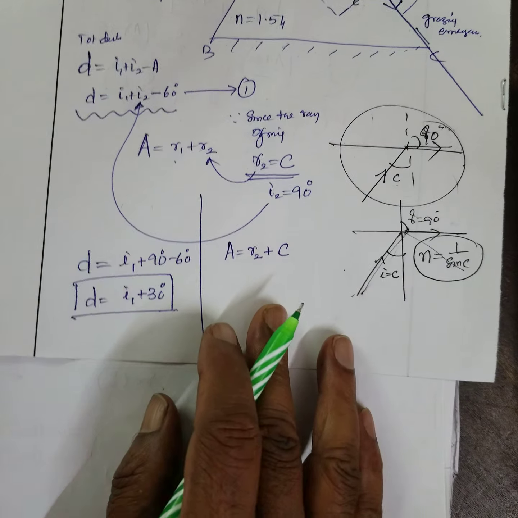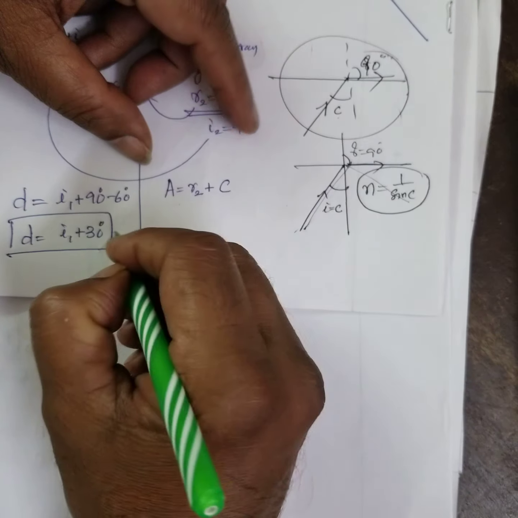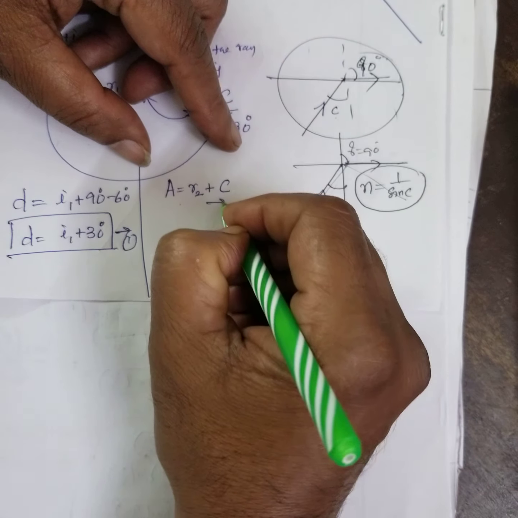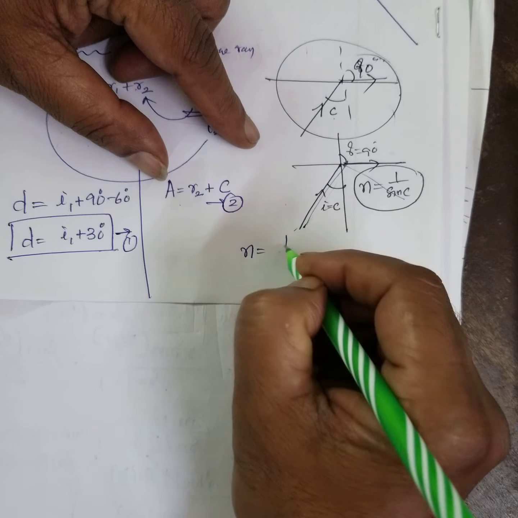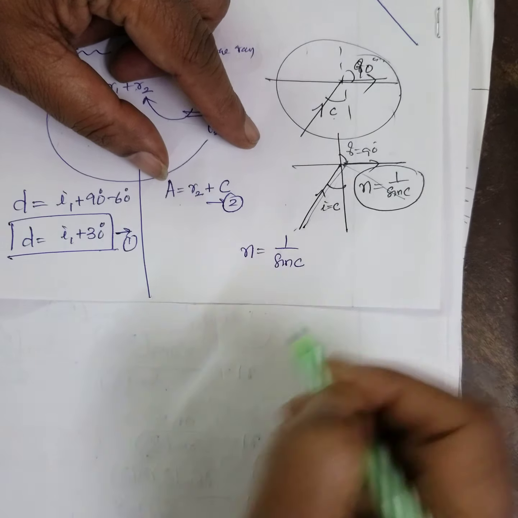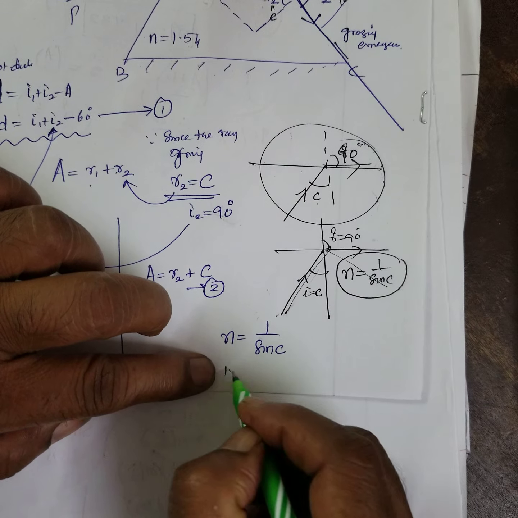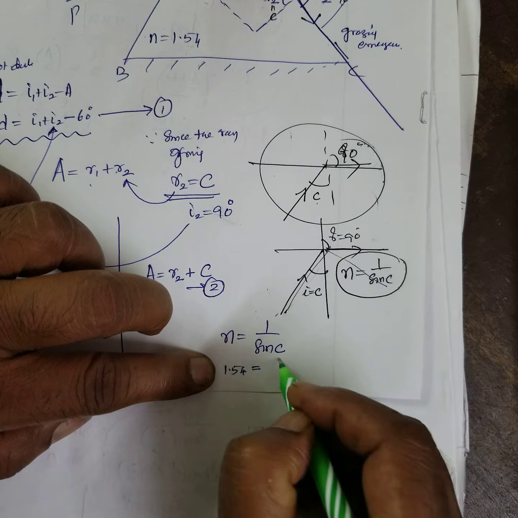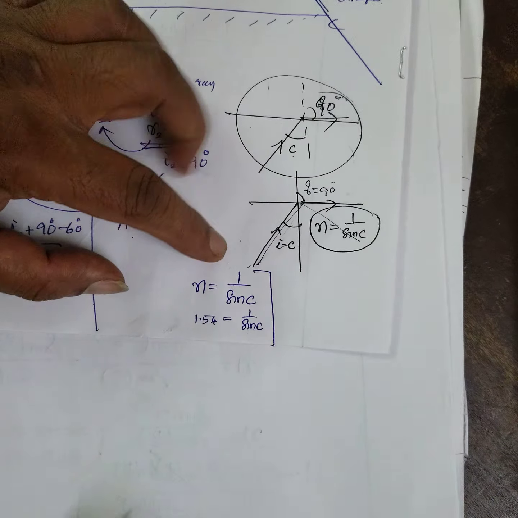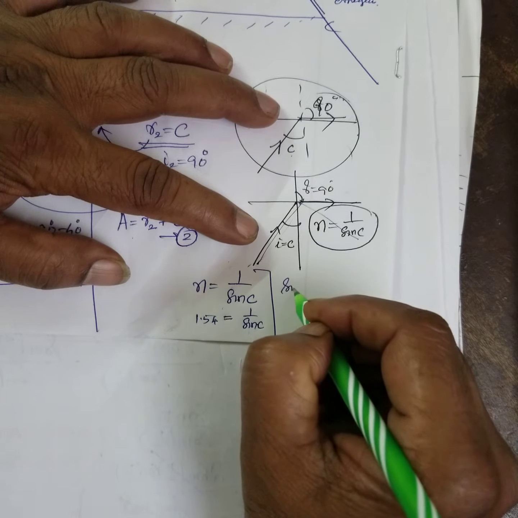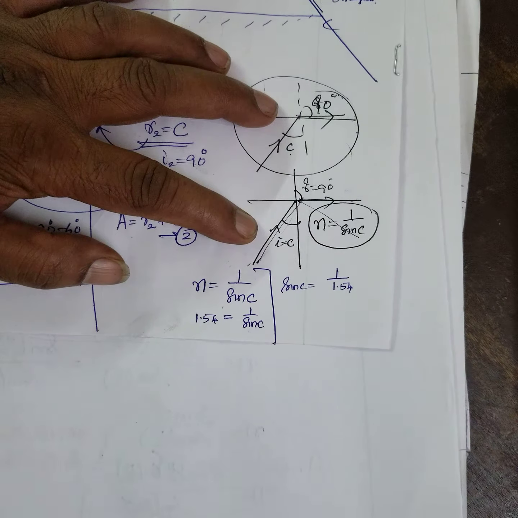Now how to calculate C? Again, this is medium 1, now this is medium 2. Now refractive index is equal to 1 by sin C, correct? What is the refractive index? 1.54. So 1.54 is equal to 1 by sin C. Therefore, sin C is equal to 1 by 1.54.